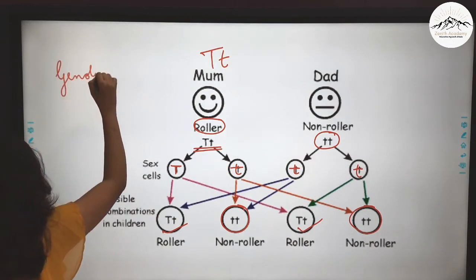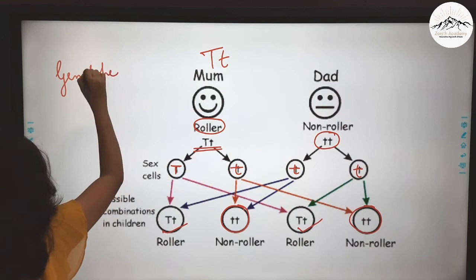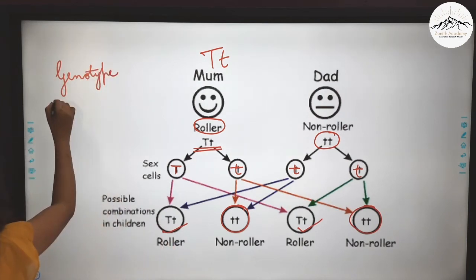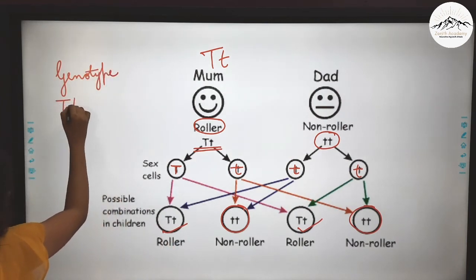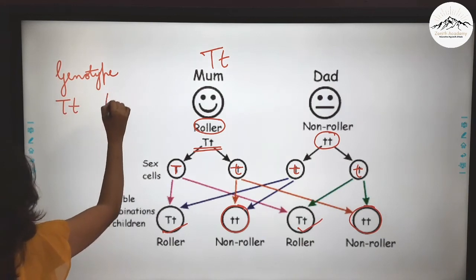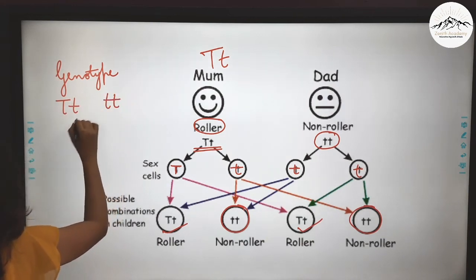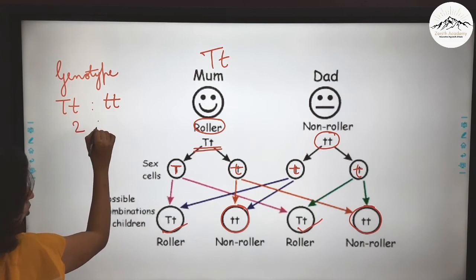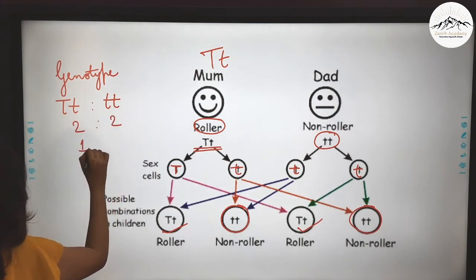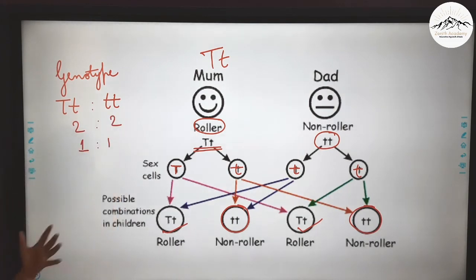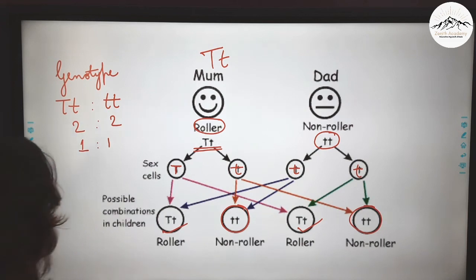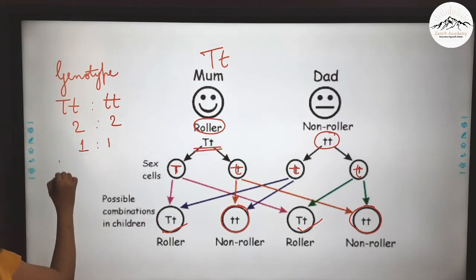So genotype is what? Genes. So what are the two types of gene expression? Here you can see capital T small t is there and small t is there. Both of them are 2 in number, so the ratio is 1:1. And what is the phenotype ratio? What is phenotype?